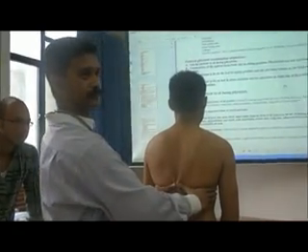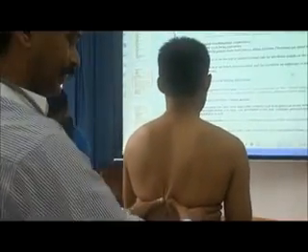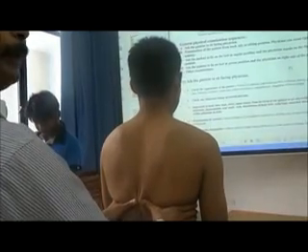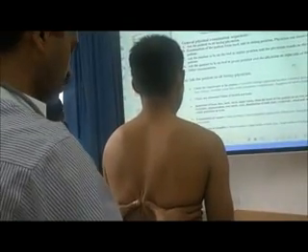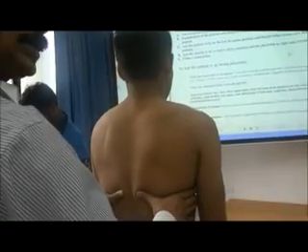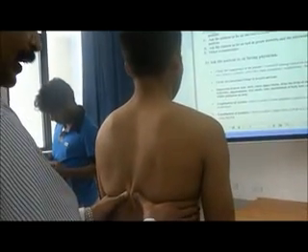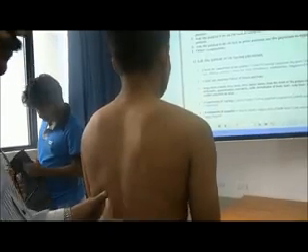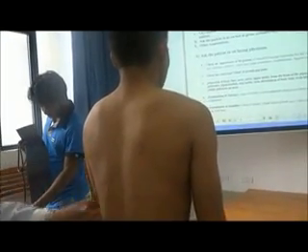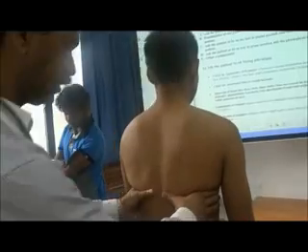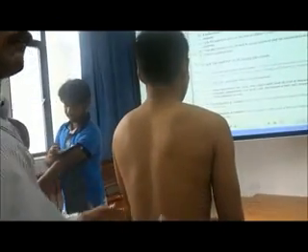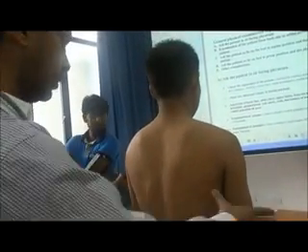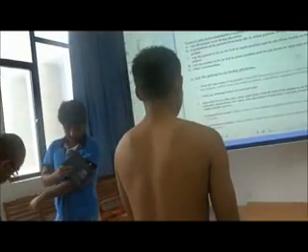Is that clear? And then tell the patient to take a deep breath please. Yeah, it is expanded. Again, deep breath. It is expanded. Normal expansion is 5 to 8 centimeters between your fingers. This is called the chest expansion test.